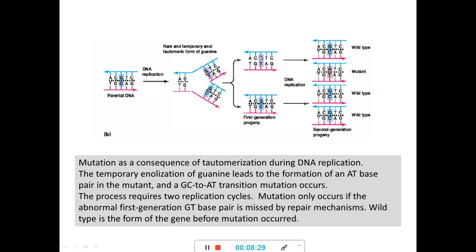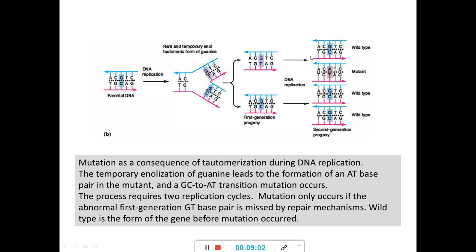And sometimes these errors can be repaired by certain DNA repair mechanisms. But if the DNA repair mechanism does not identify this at that time point, and if the mutation undergoes the second generation of DNA replication also, it is being transferred. So the mutation becomes more prominent when it is transferred to the second generation.